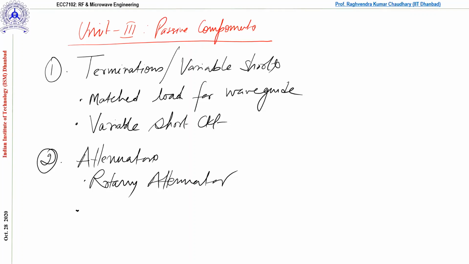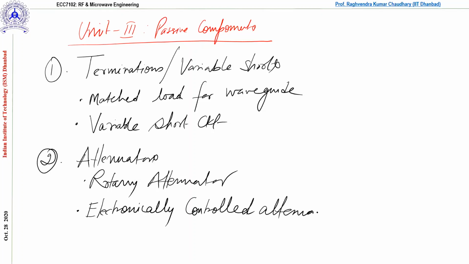Another is the electronically controlled attenuator. Electronically controlled attenuators are really needed, because sometimes it is difficult in a remote location if you want to change the attenuation level, correct. So from the control room itself you can manage the attenuation level, correct.